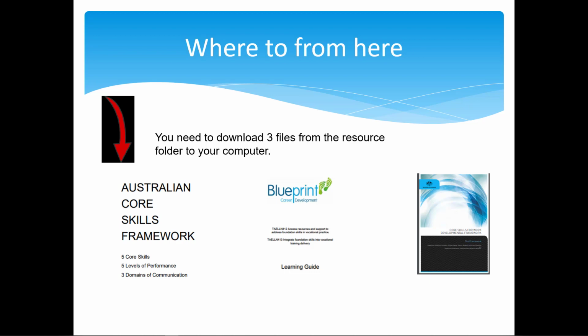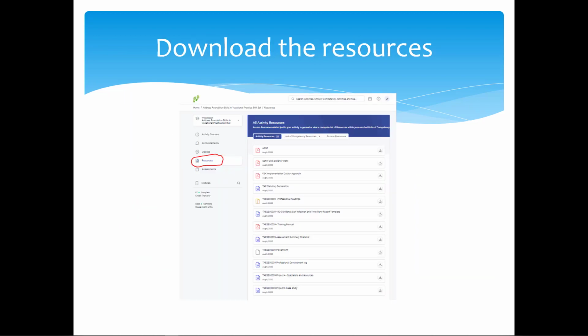You will find in the Resources folder that there are many other documents for you to download, and these include additional readings that will help you with your research. There are templates that you will use throughout your projects. So really important that you go to the Resources area and have a look at what can be downloaded.